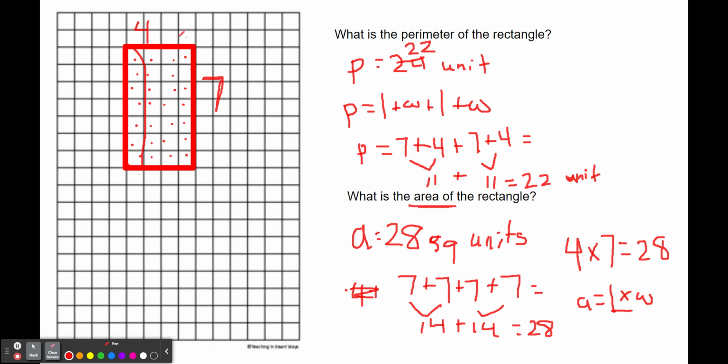So we have our length, which is 4, and then we have our width, which is 7. So our area is length times width, or 4 times 7 in this case, which is going to equal 28. And when we're writing area, we always want to do square units. So we're going to do square units. And hopefully you guys have more room to write than I do over here.